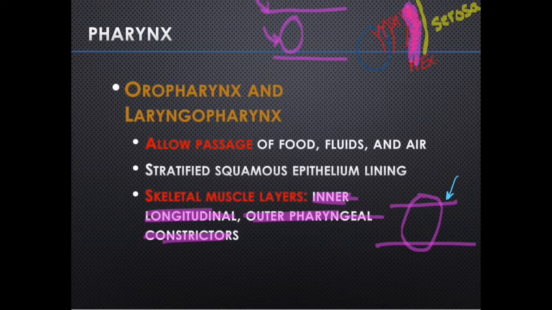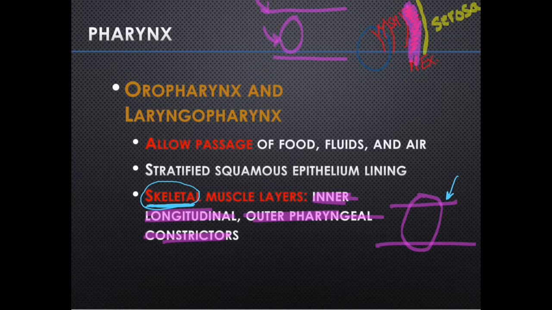Another thing is that those muscles are fatigable, unlike the rest of the gastrointestinal tract. Why? Because those are formed by skeletal muscle tissues. They are skeletal muscles, not smooth muscles. For example, if I compare this muscle layer to the muscle layer of the small intestine, the small intestine is going to be formed of outer longitudinal, inner circular, same for the esophagus, but again, they are smooth muscles.